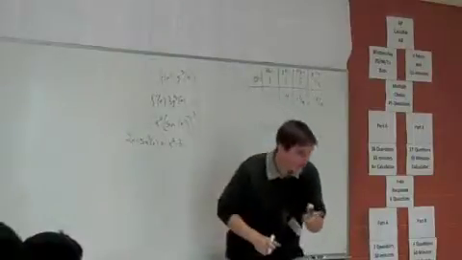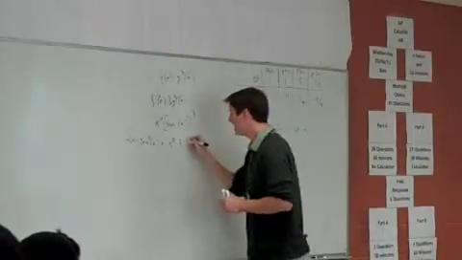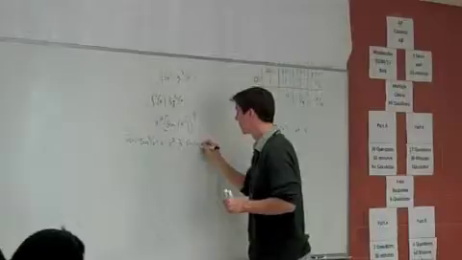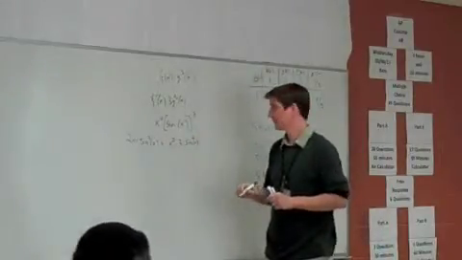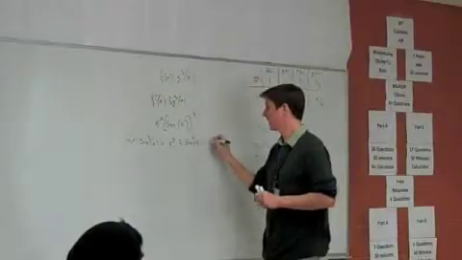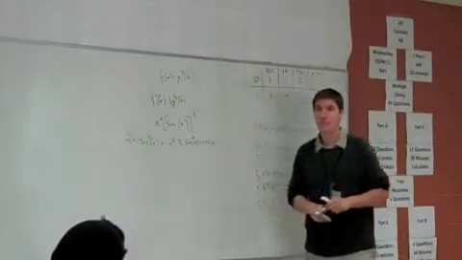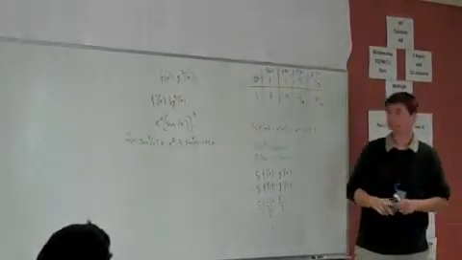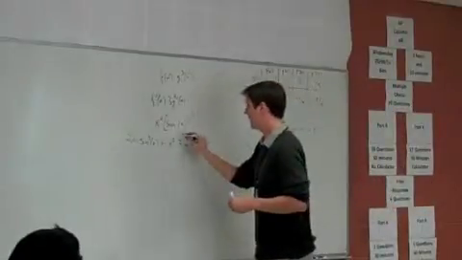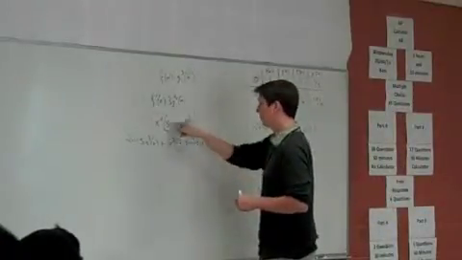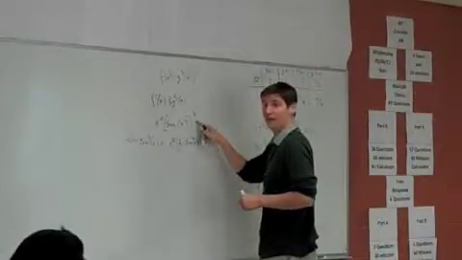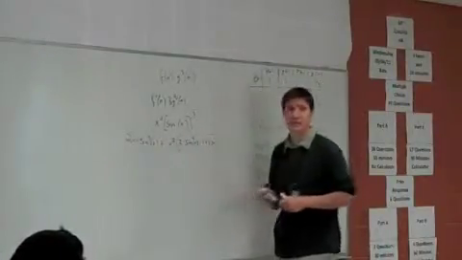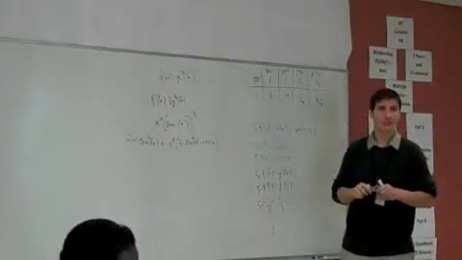Who's there? No one yet. Times sine x squared, times cos x. This is all the derivative of the second. Bring the 3 down, leave what's inside alone, subtract 1, times the derivative of what's inside. Okay?